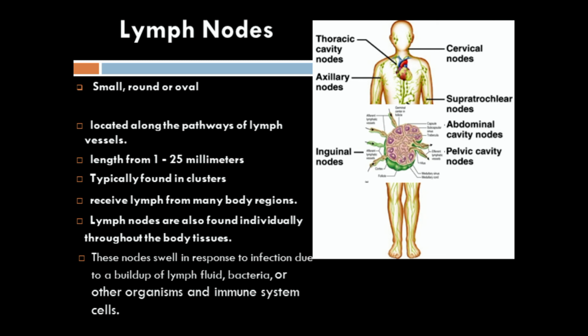These nodes swell in response to infection due to a build up of lymph fluid, that is, infection by bacteria and other organisms. The lymph nodes work, and the immune cells react to the pathogens, right. So that is the function of lymph nodes.